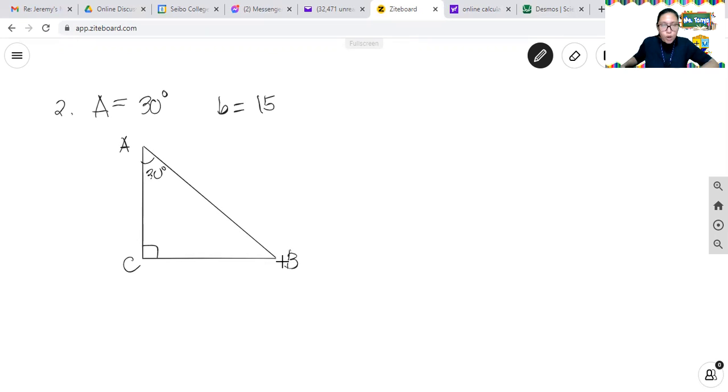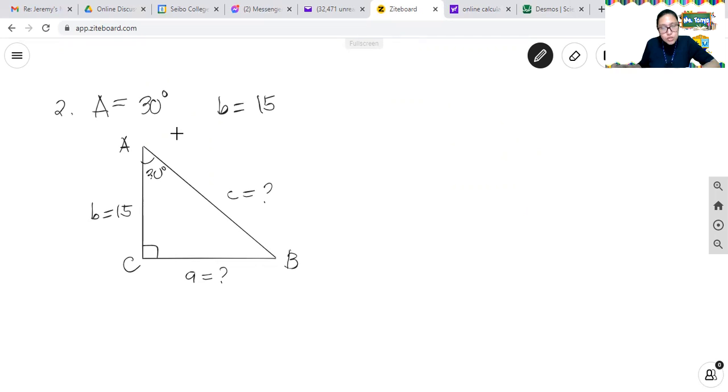This is B. Opposite to B is side B, which is 15. We do not have side A and we do not have side C. So in this case, we cannot use the Pythagorean theorem to find the other side because only one side is given.